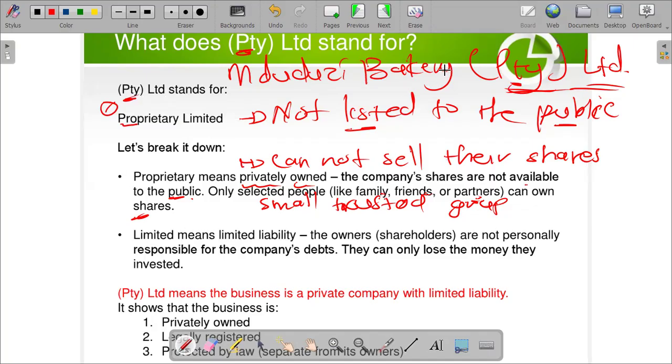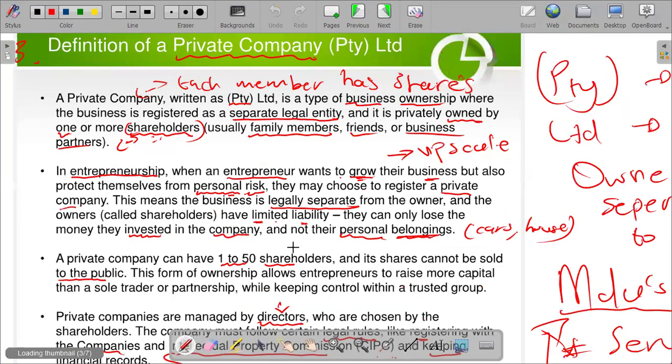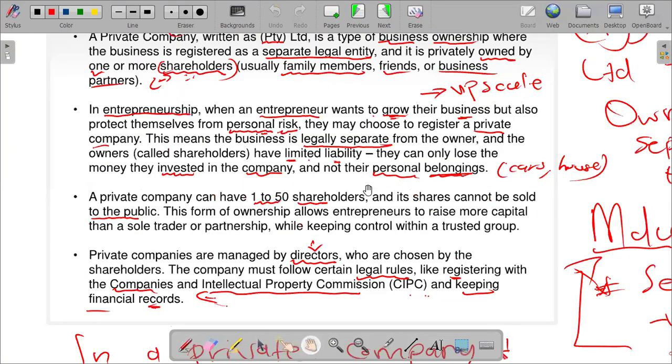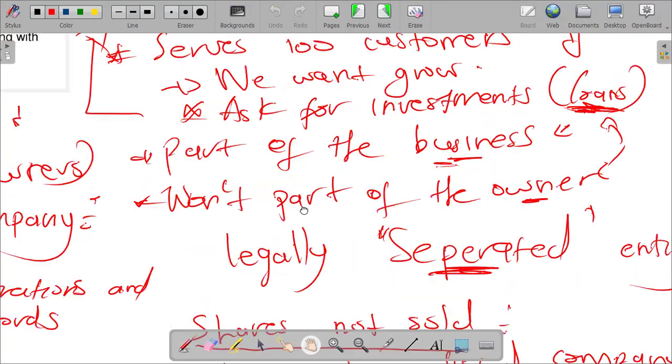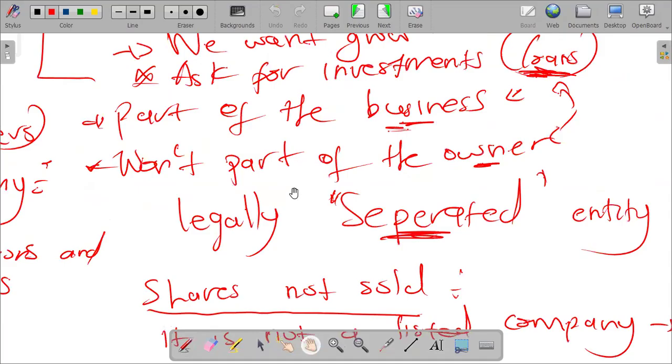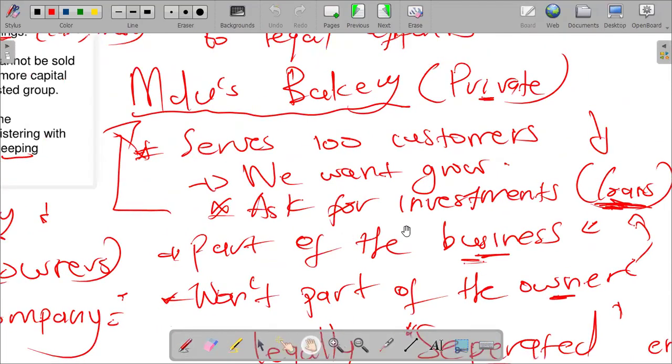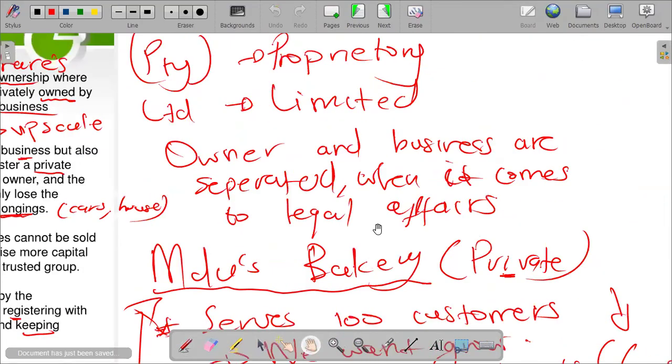And then when we go to the LTD, it means limited. Limited what? Limited liability. The owners are not personally responsible for the company's debts. Remember, if you go previously here, okay, there it is.